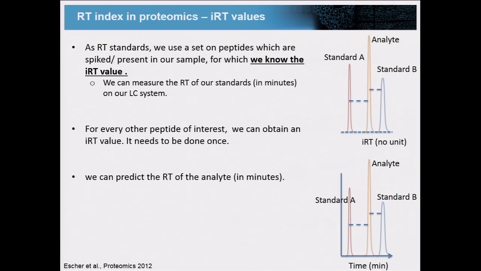Of course, if we had only one analyte, it's quite a lot of hassle. But if we have hundreds or thousands of analytes, then it becomes very useful. And the main point where it's useful is because, of course, we can also store these values.